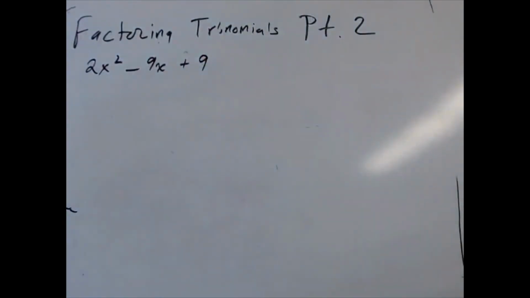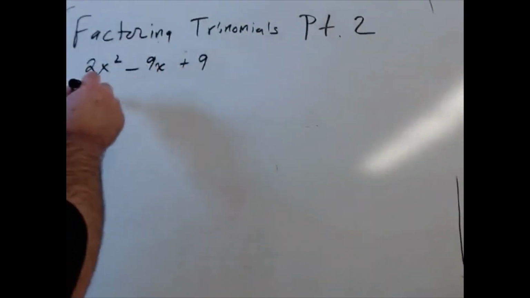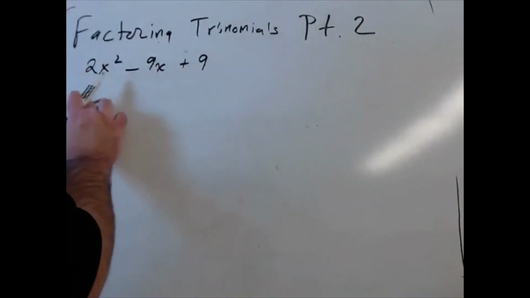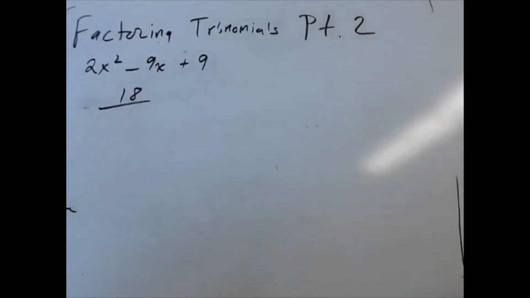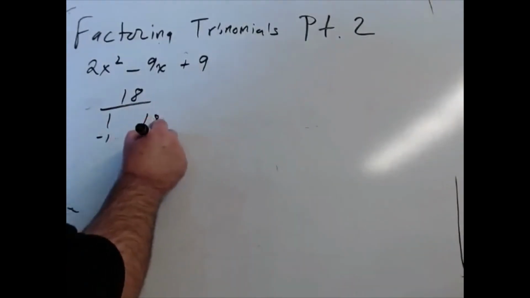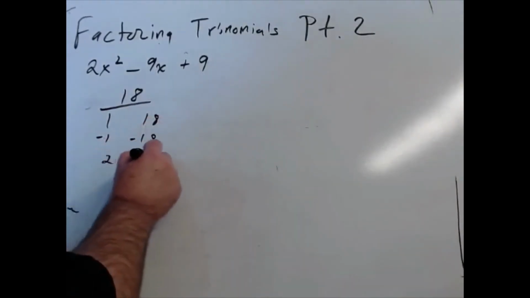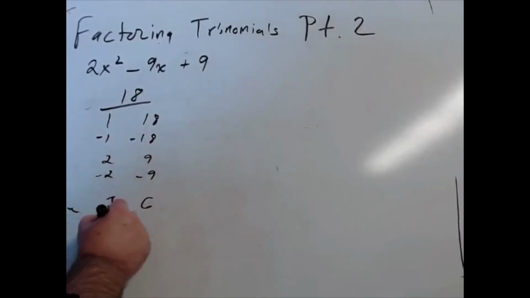Alright, so the first step, multiply 2 by positive 9. Of course, this gives me 18, right? So I need to find the factors of 18. There are quite a few of them. So I've got 1 and 18, negative 1, negative 18, 2 and 9, negative 2, negative 9, 3 and 6, negative 3, negative 6.